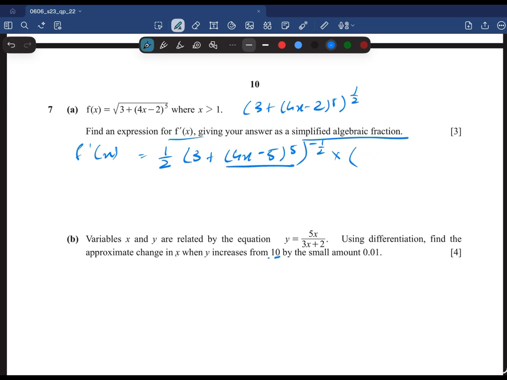That'll be 4x minus 5 to the power 4, subtracting 1 from the power, into 4.